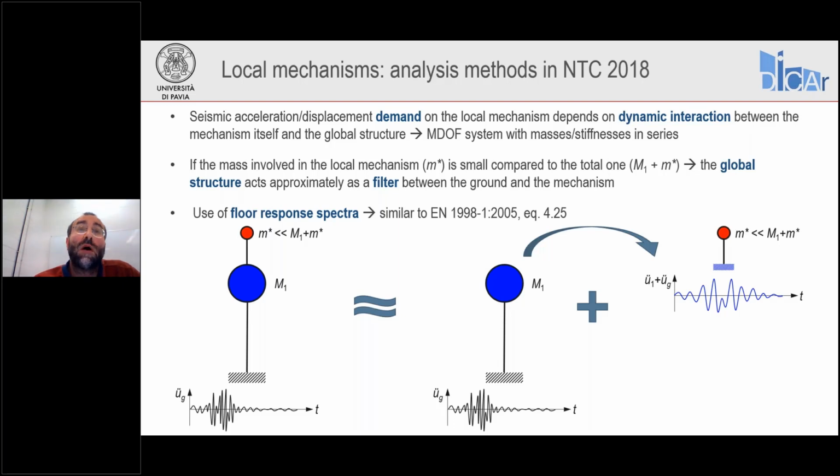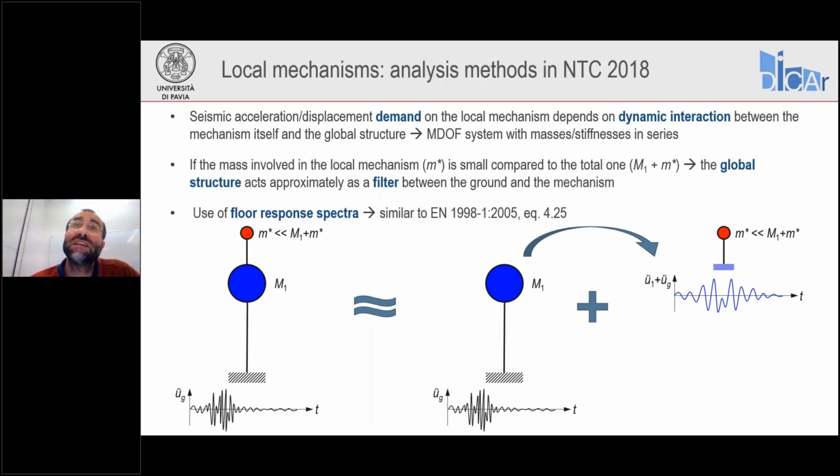So the response of the small mass depends on its interaction with a big mass. However, if this small mass, the mechanism mass, is significantly smaller compared to the overall mass of the building, then we can make an approximation. We can think of decoupling the two responses, the global response of the building to the ground excitation and the local response of the mechanism, using as input for the local response the global output of the building.